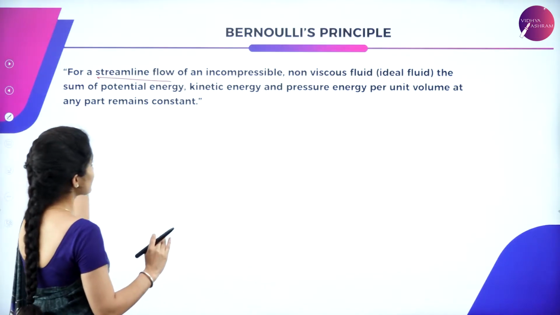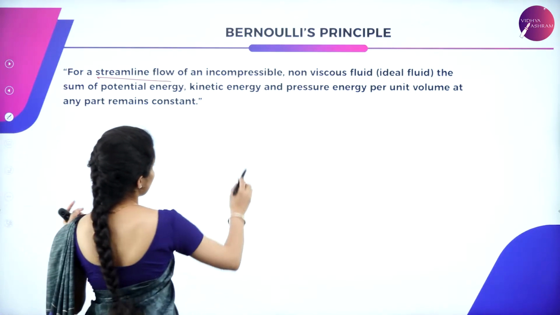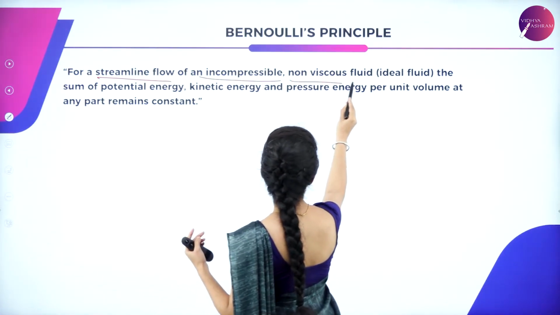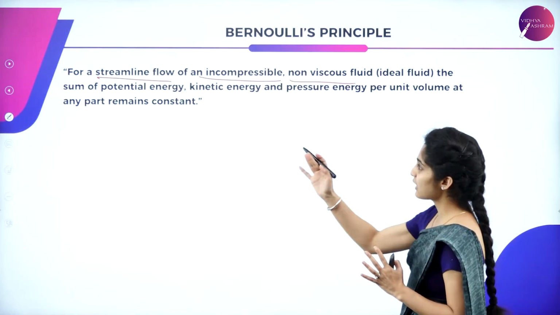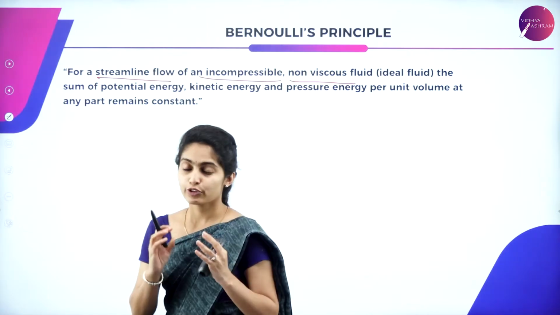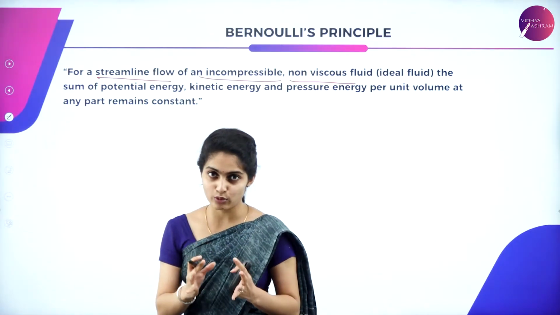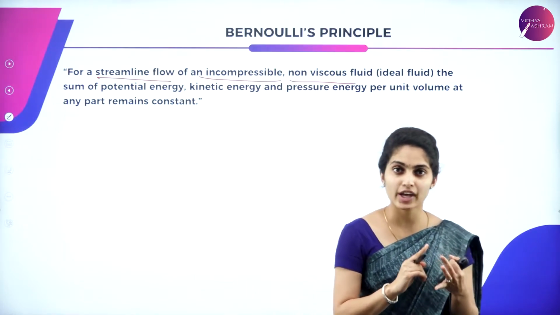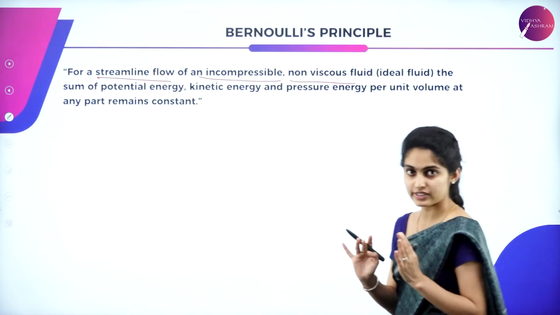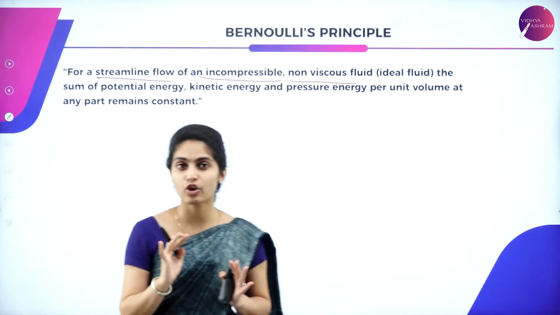For a streamline flow of an incompressible, non-viscous fluid, that means an ideal fluid, the sum of potential energy, kinetic energy and pressure remains constant. That is nothing but Bernoulli's principle.